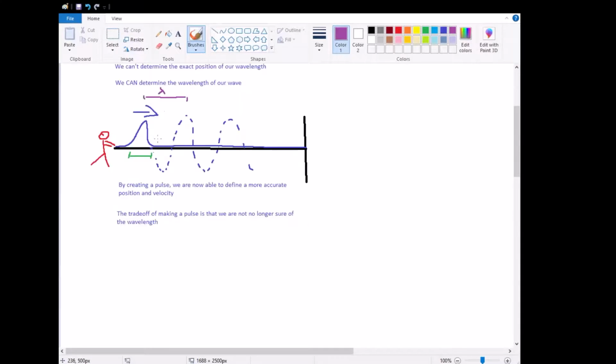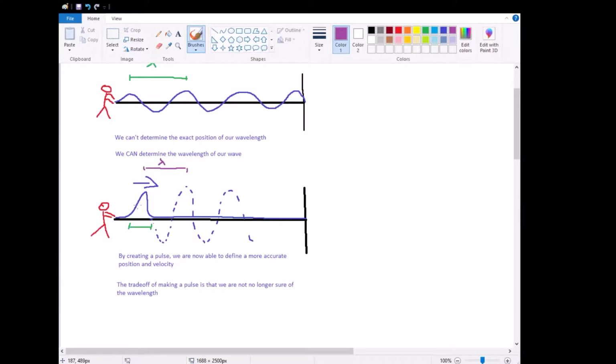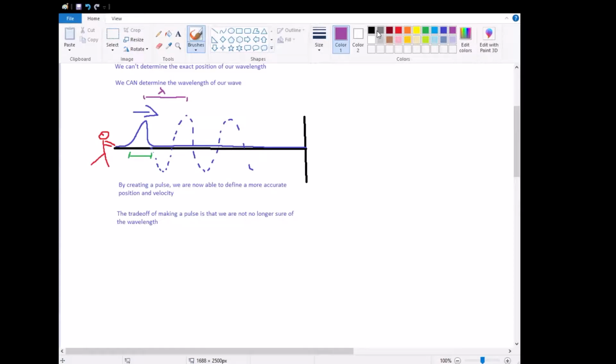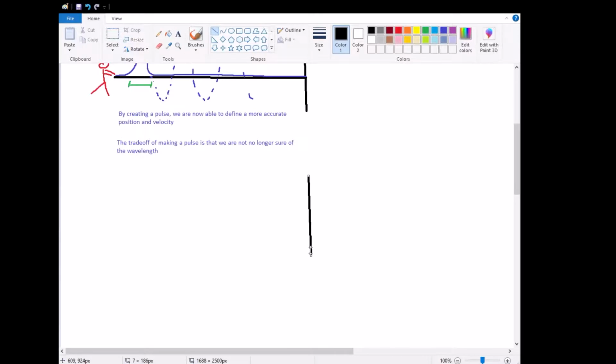And what'll happen is that if I make this pulse even smaller, if I jerk the rope at an even sharper angle so that it takes on an even sharper peak, well, now the interval over which the wave is defined, its position interval, is even smaller.